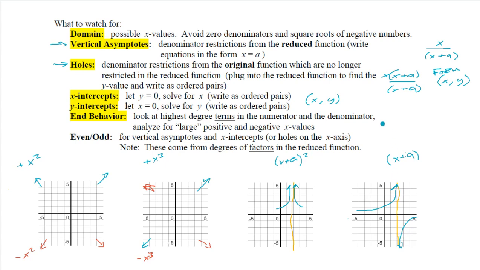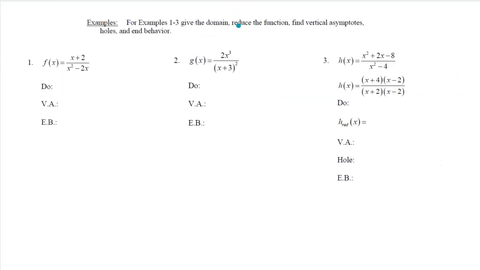So that covers most of the primary identifiers that we're looking for, the special or key points as we go through the graphing. Let's take a look at some of these to begin with here. We've got 3 problems, and we'll just focus on figuring out the best way to come up with the key points here.